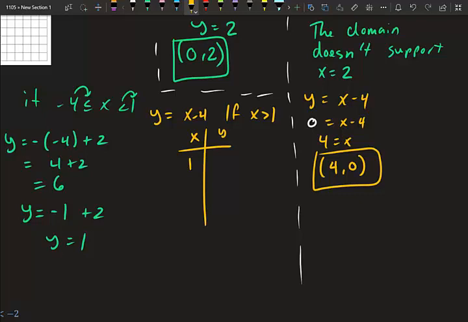That's not a quadratic, so we only need 2 points. So I'm going to pick 2. 1 is not greater than 1, open circle. 2 is greater than 1, so closed circle. We plug it in. We have y equals 1 minus 4, which is negative 3. And then y equals 2 minus 4, which is negative 2.